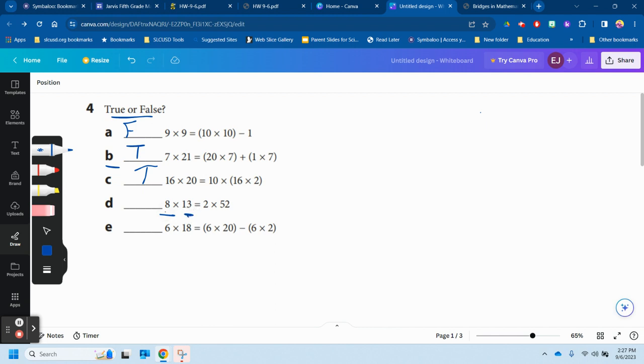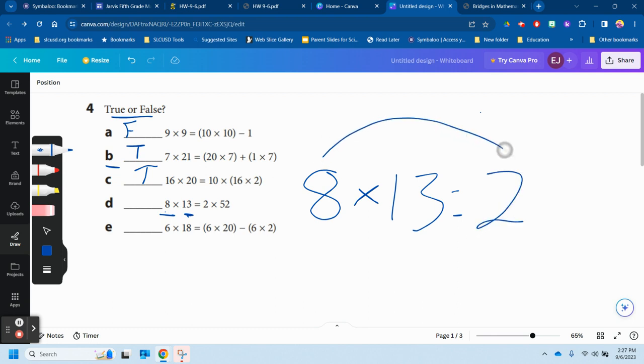So what did they do to go from 8 to 2? They divided by 4. So 8 times 13 is equal to 2 times 52, where 8 is divided by 4.